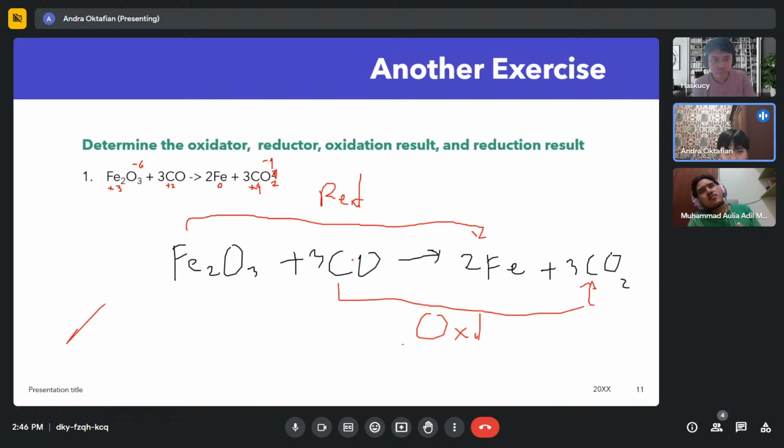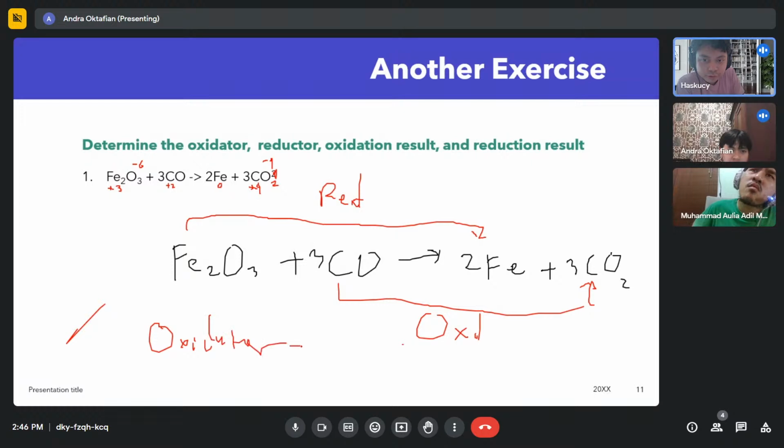For example, the oxidator here is ferro oxide. While it experiences reduction, it makes the other compound be oxidized, like carbon monoxide. So the oxidator is Fe2O3.